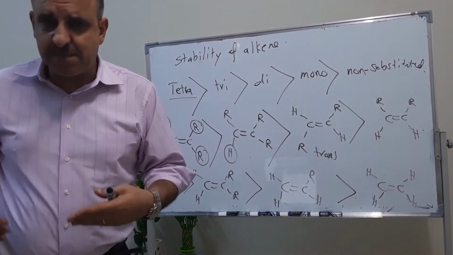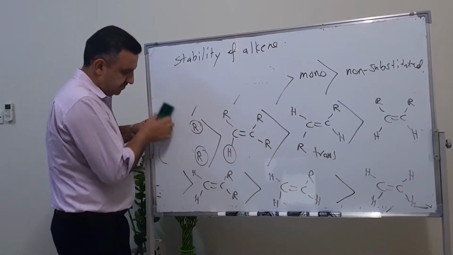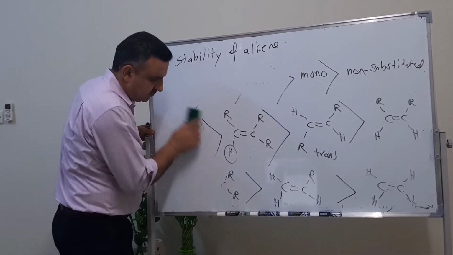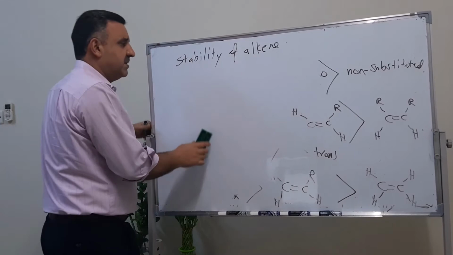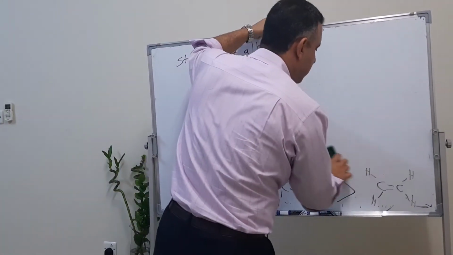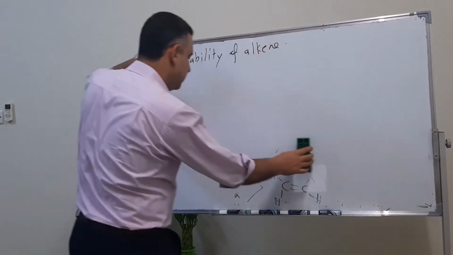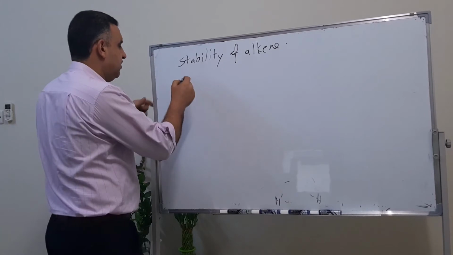Now, let's explain why we have this trend of stability. Why, as the number of carbons attached to the carbon double bond carbon system increases, does the stability increase? So let me just rewrite it down.